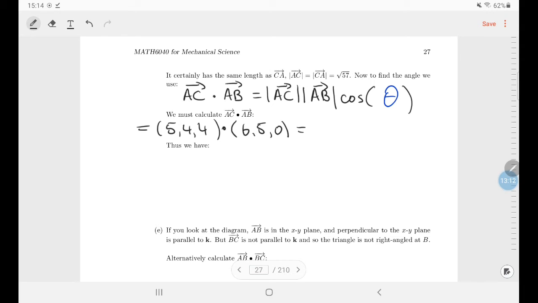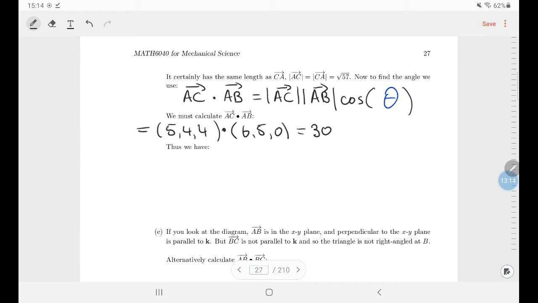So it's 5 by 6 is 30, plus, you add these, 4 by 5 is 20. And then one thing that people get caught out at, 4 by 0. If you think of 0 as nothing, you're going to make mistakes, because 4 by nothing is 4, but 4 by 0 is 0. And so we end up here with 50.